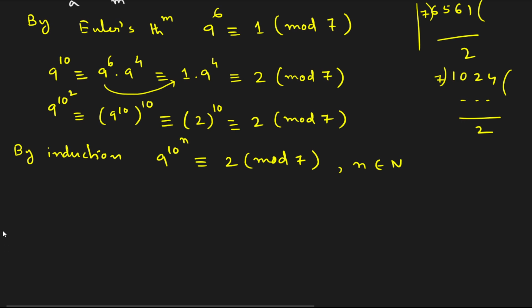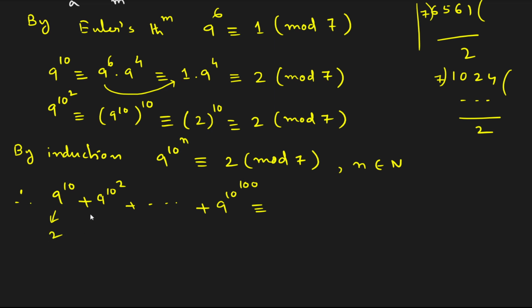Okay, so now therefore what is the series? Our series is 9 to the power 10, 9 to the power 10 squared, then up to 9 to the power 10 to the power 100. So how many terms do we see here? 100 terms. In each and every case, if we divide this by 7, you will get 2. If we divide this one by 7, you will get 2. So in each and every case, we will get 2 as the remainder.